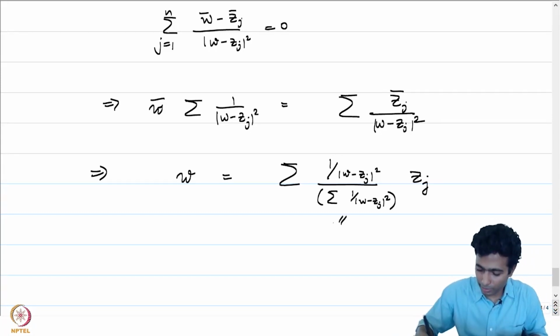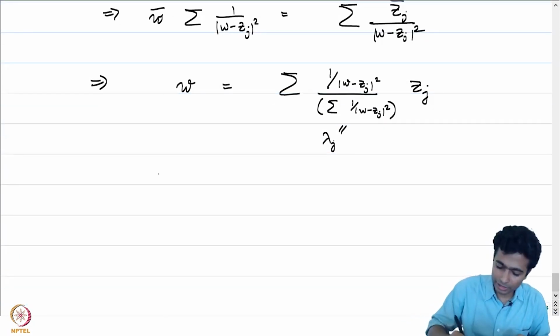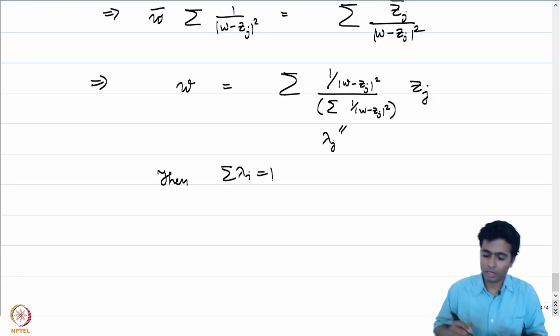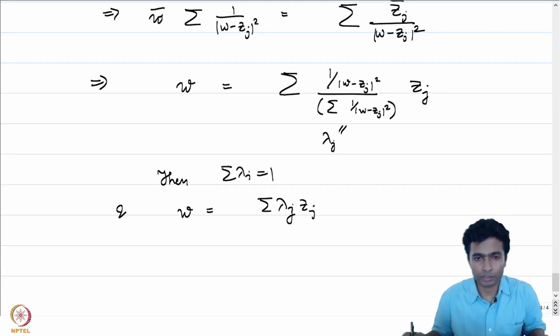Let's call this lambda j. It's a simple check to see that the summation of lambda j is equal to 1 and w is equal to the summation of lambda j times Zj, proving that w is in the convex hull of Z1 to Zn.